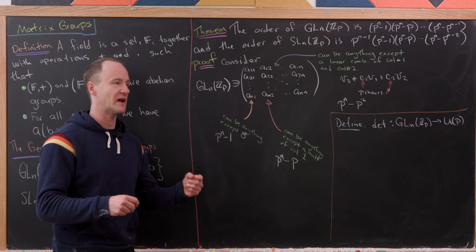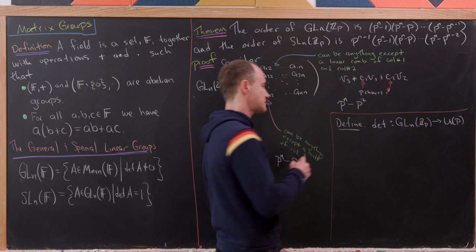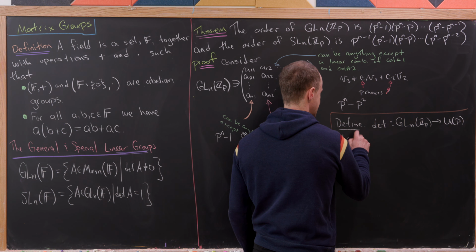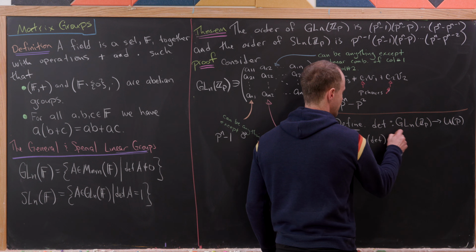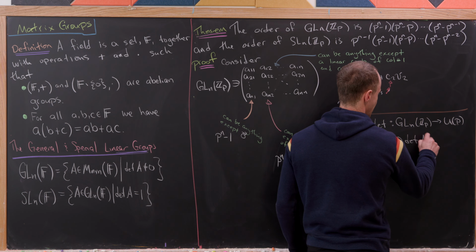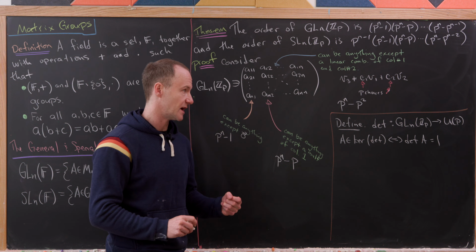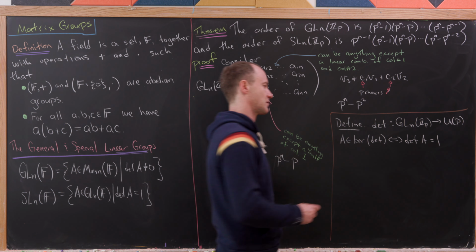And again, we know that this is a homomorphism just from linear algebra. We know the determinant of A times B is the determinant of A times the determinant of B. And now let's observe that we have A is in the kernel of the determinant if and only if the determinant of A is equal to 1. That's because the identity over in U_p is just the number 1.